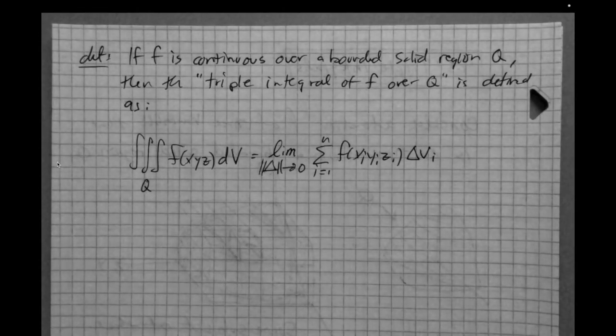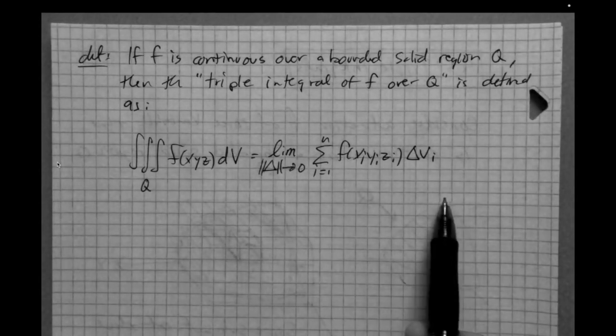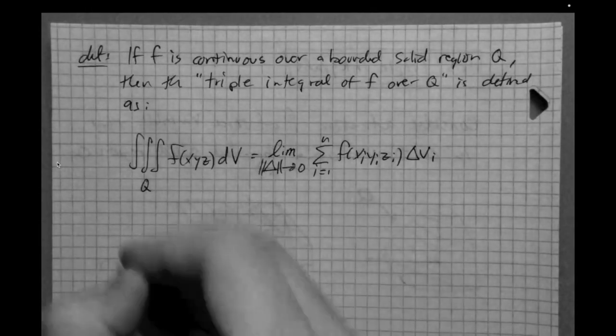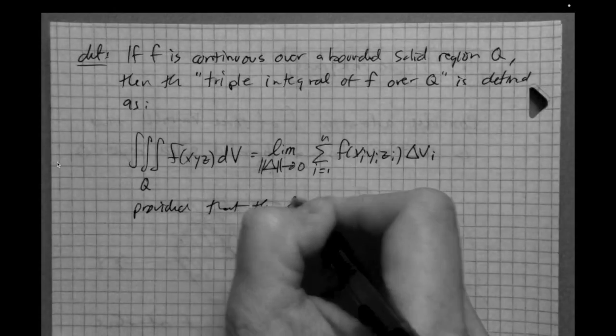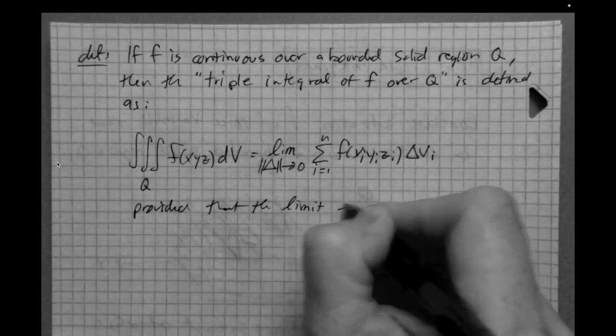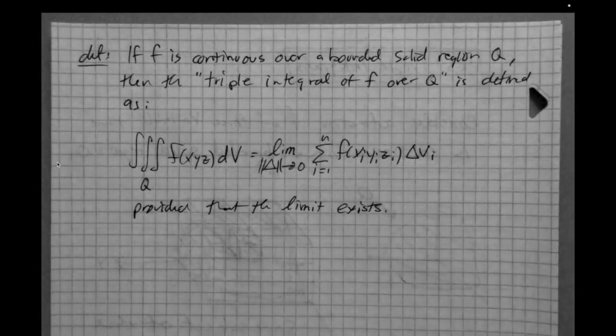The norm goes to 0, the number of representative shapes increases without bound, and that's where the integral comes from. So this is the definition of the triple integral, provided that the limit exists, of course.